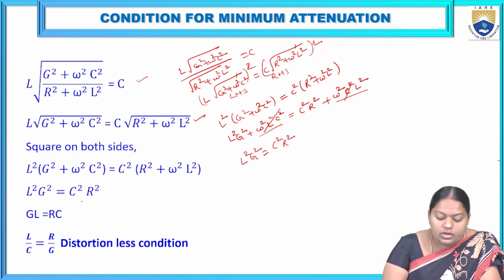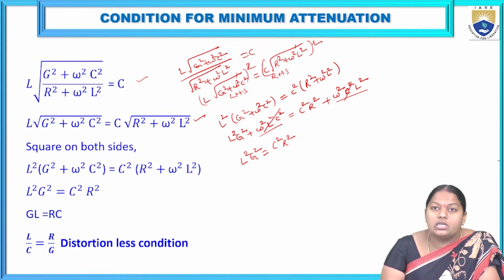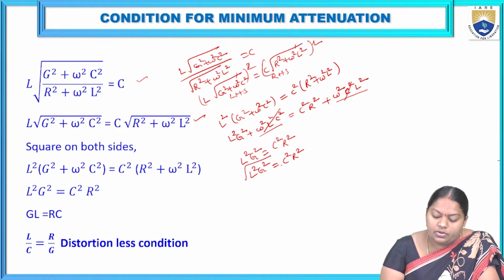Now, to cancel one step more, take square root on both sides. L square g square equal to c square r square, right? Both sides if you consider square root, then the square root gets cancelled. Lg equal to Rc is to be obtained, or L by C equal to R by G.